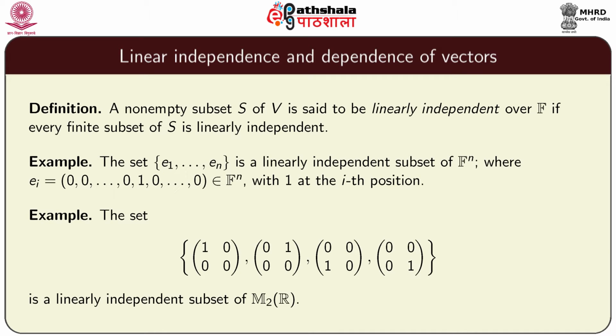Now, the vector space of matrices. Just consider the set of all 2 cross 2 matrices with real entries. We know that it is a vector space over R, and if you look at this particular set consisting of 4 matrices, namely 1 0 0 0, then 0 1 0 0, 0 0 1 0 and 0 0 0 1, then this set is indeed linearly independent over the real field.